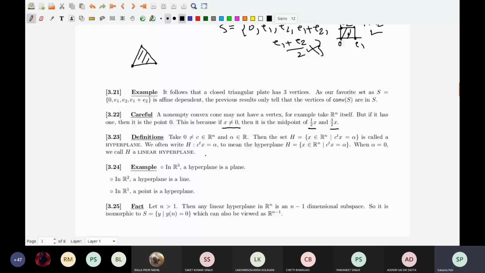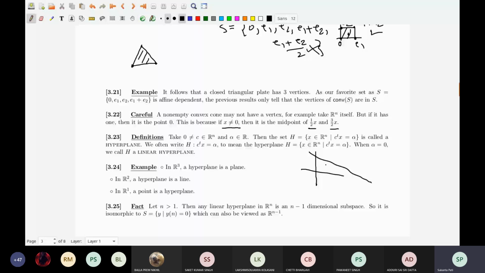For example, let me take R2, so it is easier to show. Suppose I have R2, and I draw one line somewhere. What is that? That is a translated n-1 dimensional subspace. Those are called hyperplanes.